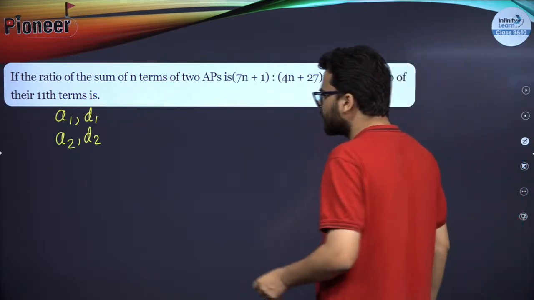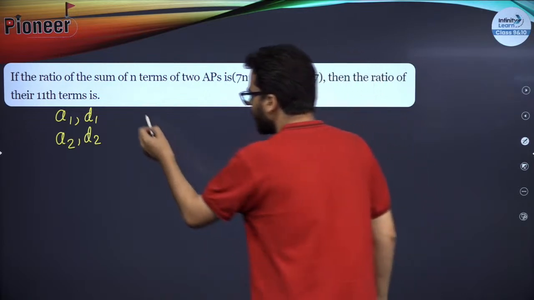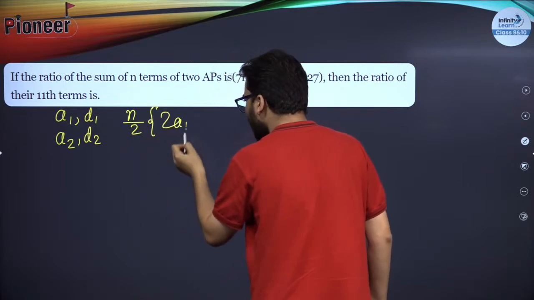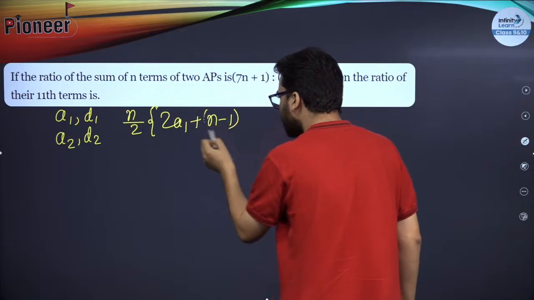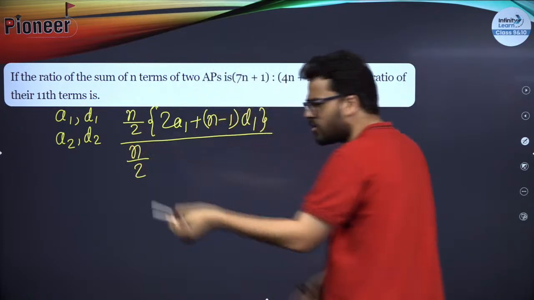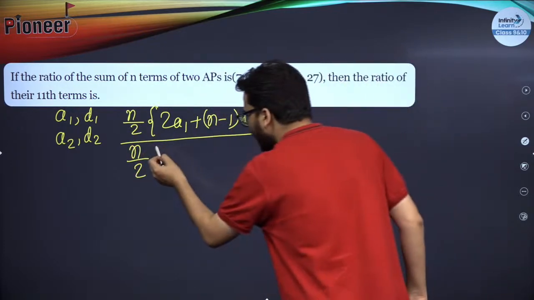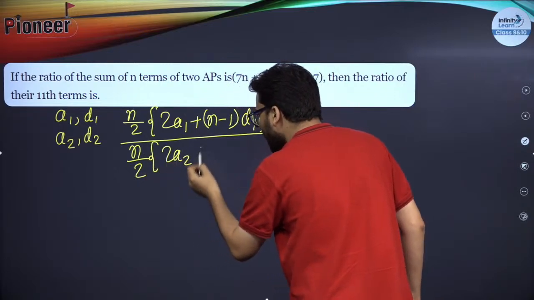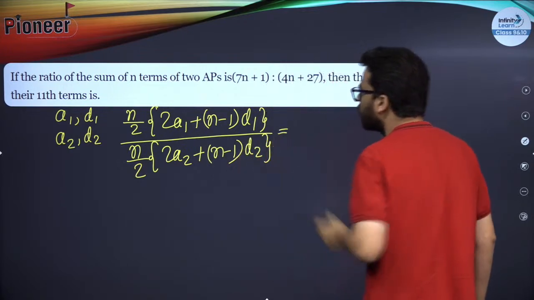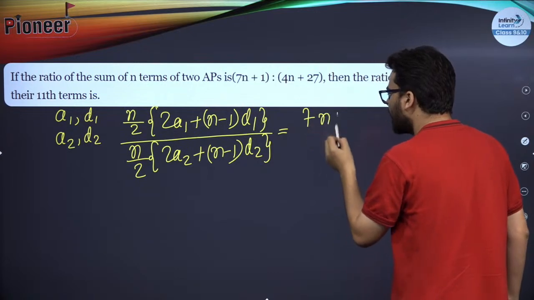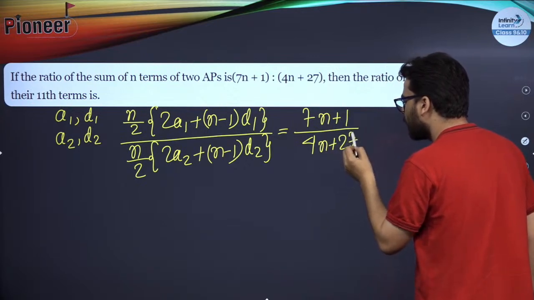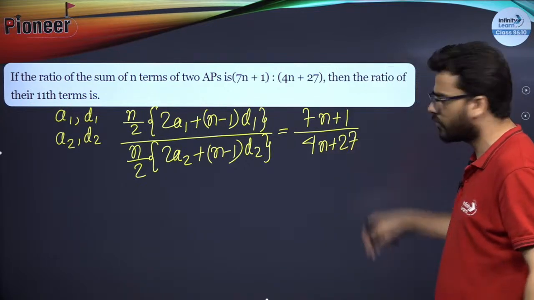So sum of the first n terms of the first AP will be n by 2 into 2A1 plus n minus 1 into D1, divided by n by 2 into 2A2 plus n minus 1 into D2, because number of terms is n in both the cases. And that is given to be equal to 7n plus 1 divided by 4n plus 27, correct? This is given over here.